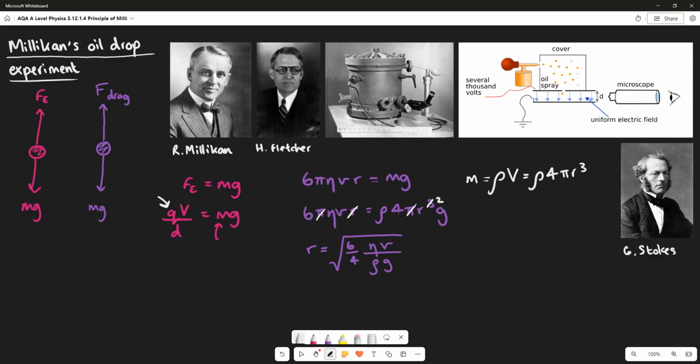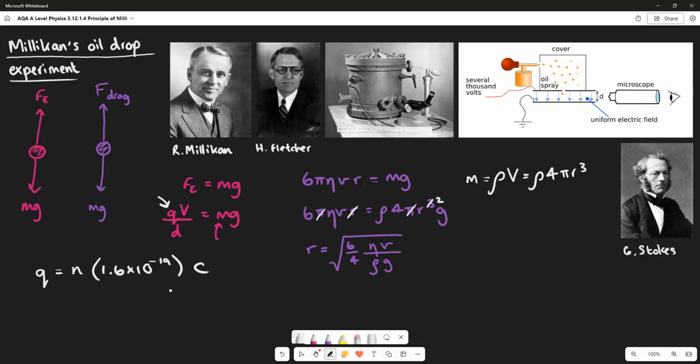They noticed that the charge on all of the oil droplets was always some integer multiplied by 1.6 times 10 to the minus 19 coulombs. It was always a whole number.